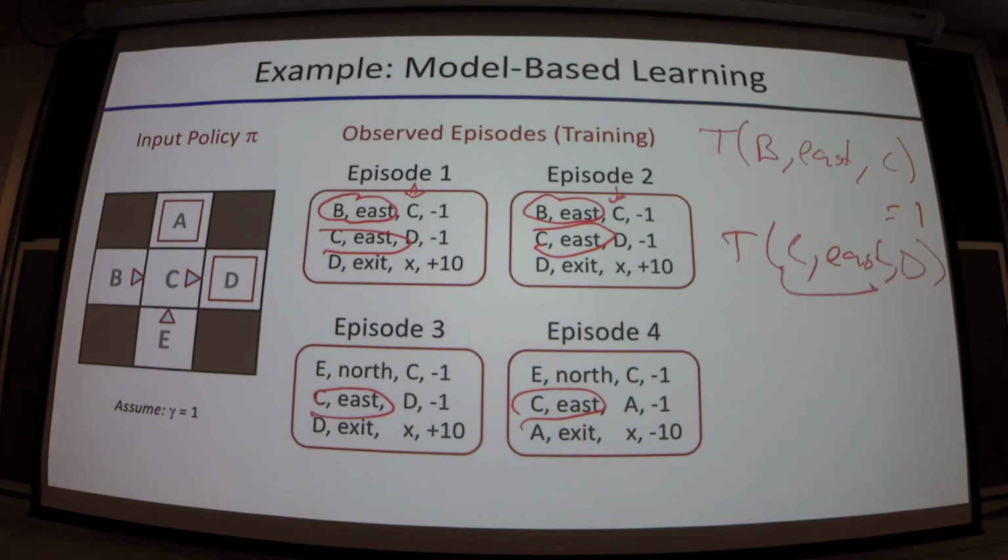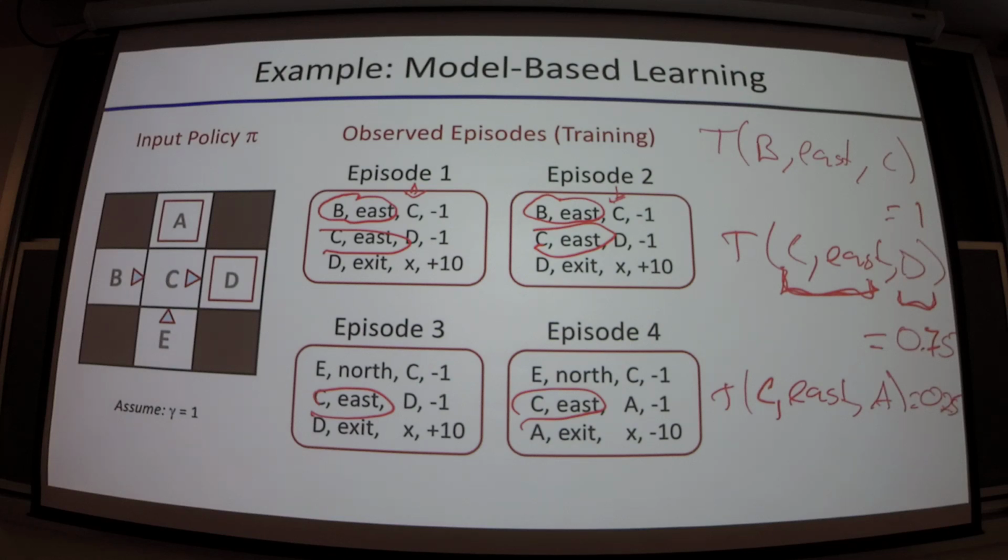And we saw this outcome happen 3 times, right? So this then is going to be 0.75 according to what we've seen, right? And we know also that C east A, based on the same set of observations, is 0.25, right?